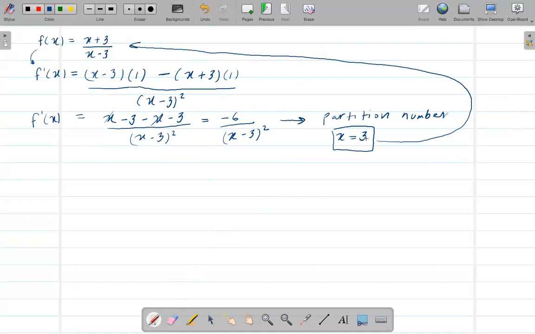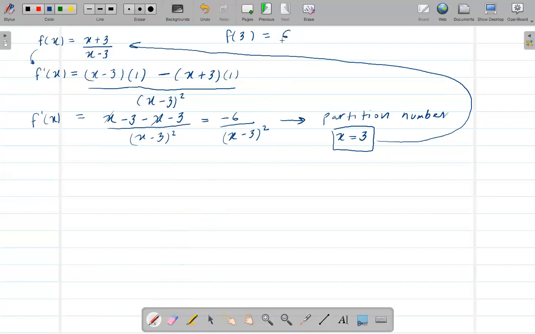If this value works for this f function, then we can say that this number is a critical number. But when I say x is 3 and plug it into this equation, I get f of 3 equals 3 plus 3, which is 6 on the top, and on the denominator we get 0, right?